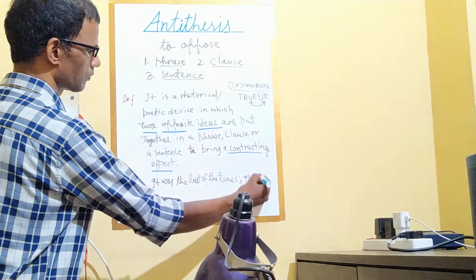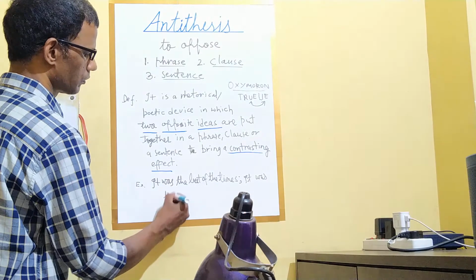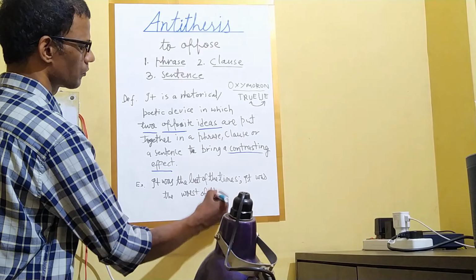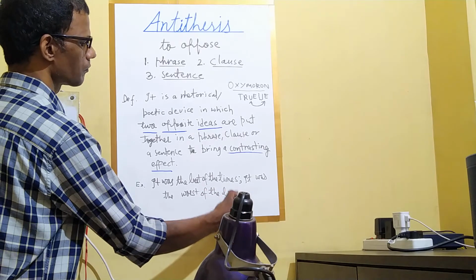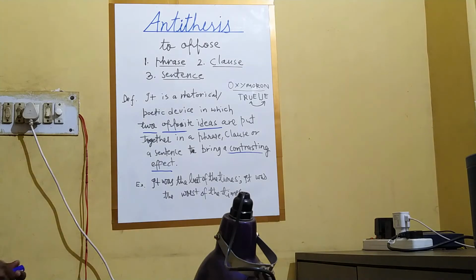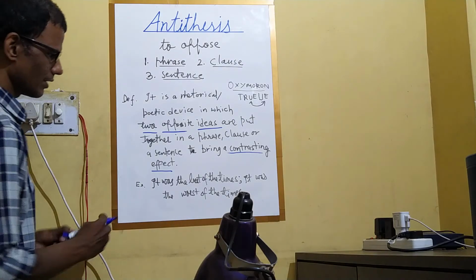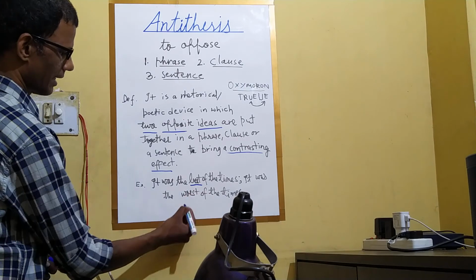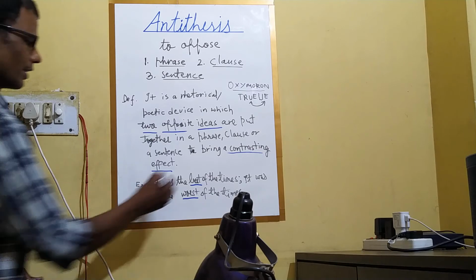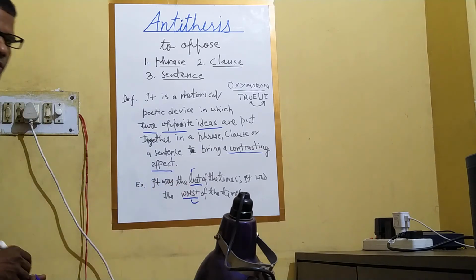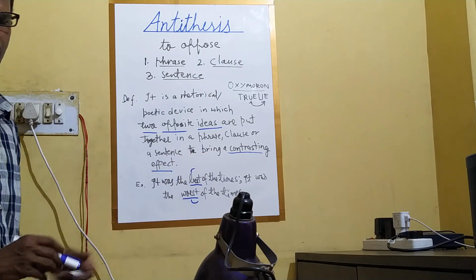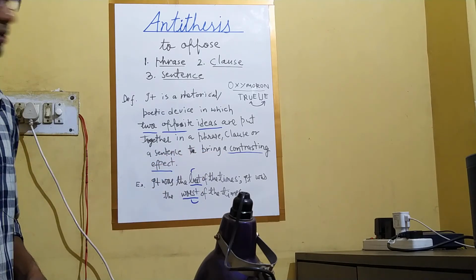It was the worst of times." Now you can see there are two opposite ideas put together. And where are the opposite ideas? Best and worst, in two different clauses. So that is called antithesis. Two opposite ideas put together in a phrase or clause to bring a contrasting effect. It was the best of times, it was the worst of times.